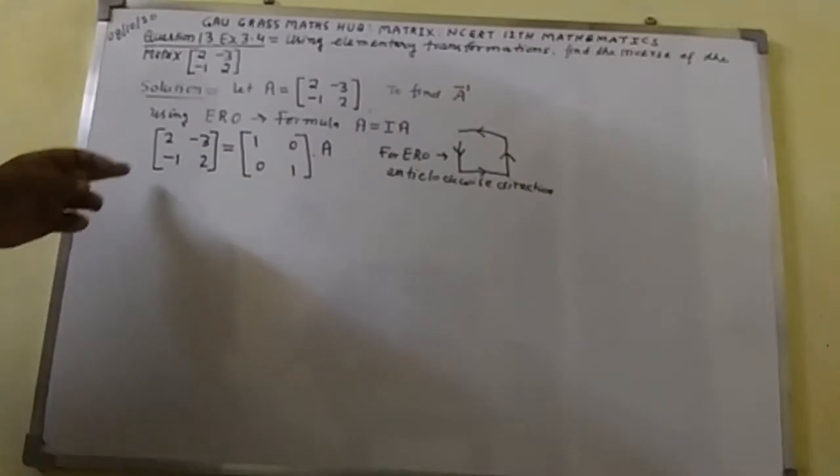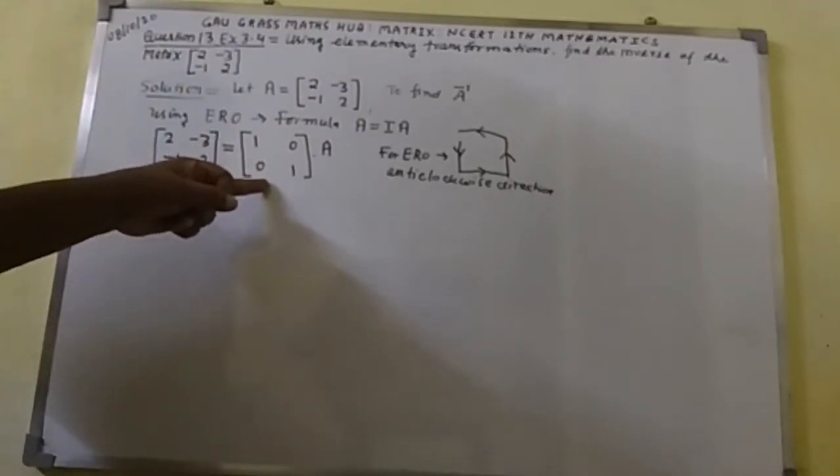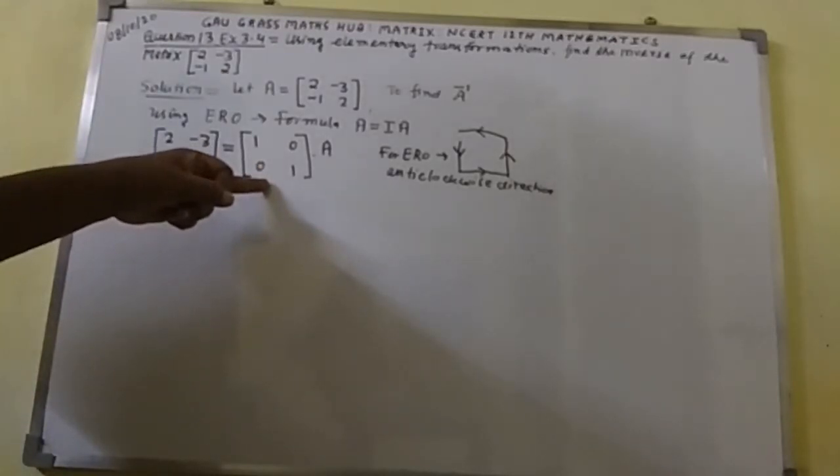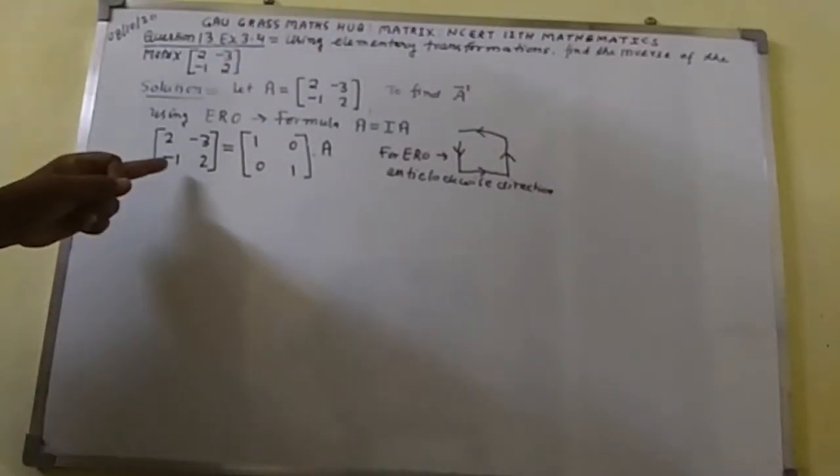Here I shall apply the property in order to get the given matrix converted into the identity matrix, and this identity matrix will be converted into A inverse. This given matrix will be converted into the identity matrix by applying row property.